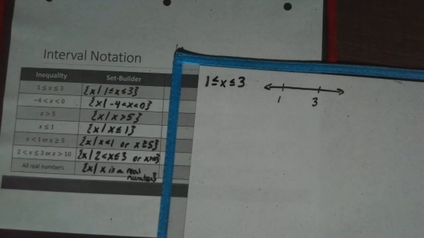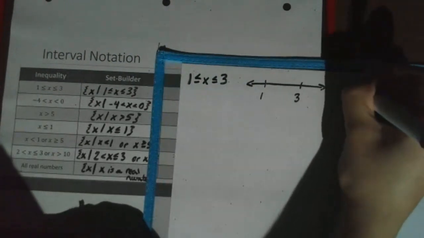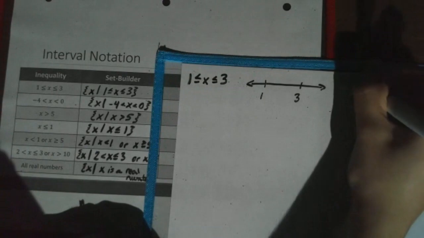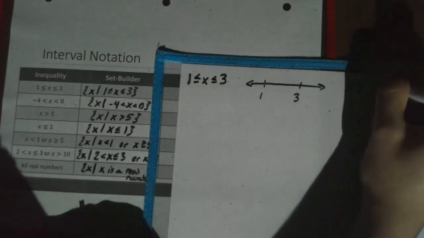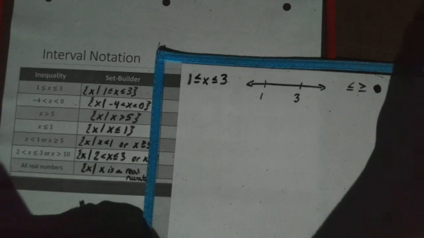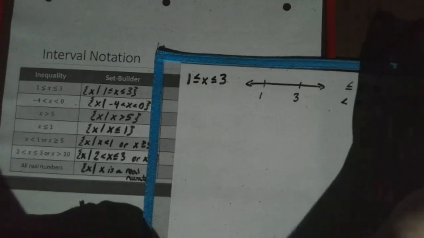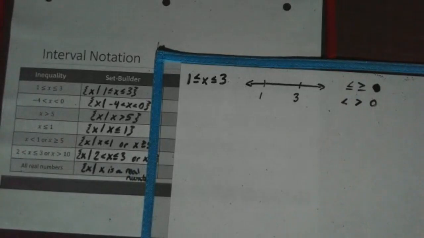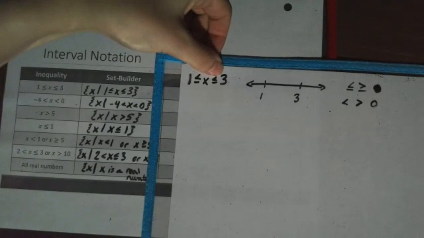What type of circle is going to depend on the inequality symbol. If I have a less than or equal to or a greater than or equal to sign, I'm going to use a closed circle. If I have a less than or a greater than sign, I'm going to use an open circle. In this case, because they are both less than or equal to signs, I'm going to use closed circles.